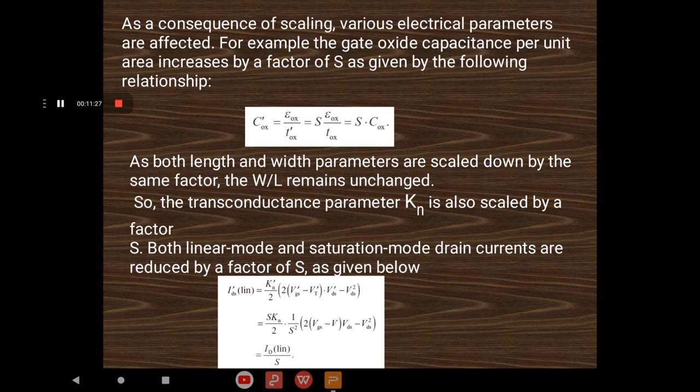Obviously the gate to source voltage is decreased, the threshold voltage is decreased, and the VDS voltage is also decreased, which means the overall drain current is decreased by a factor of S. That means both saturation and linear currents are decreased, right?